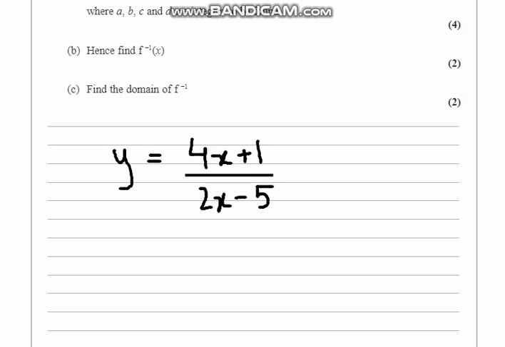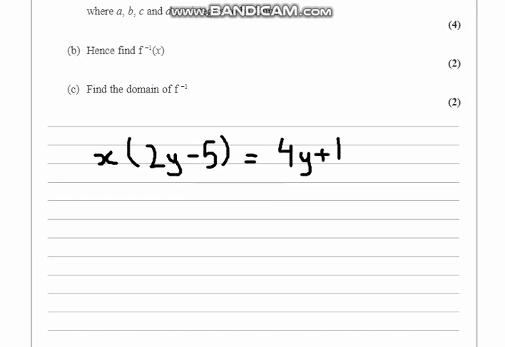Now to take the inverse function of this, I'll make x the subject here and change wherever I see x to y. So after rewriting, we get x as a subject here. Now to remove the fraction, I'll multiply everything by 2y minus 5.